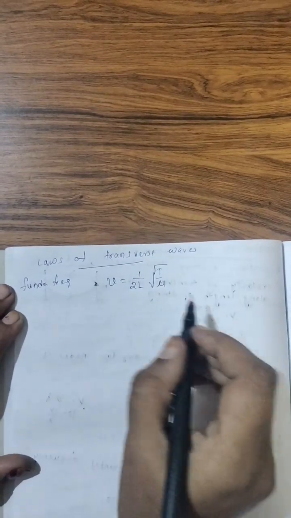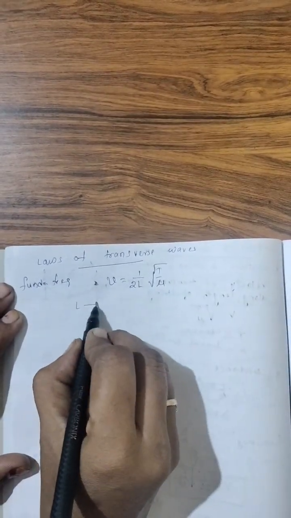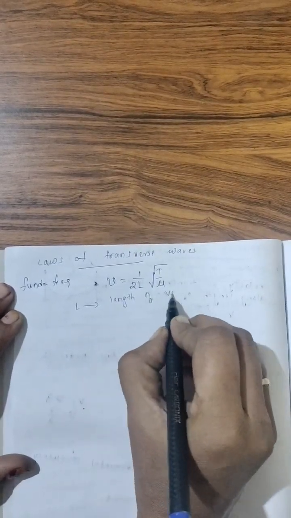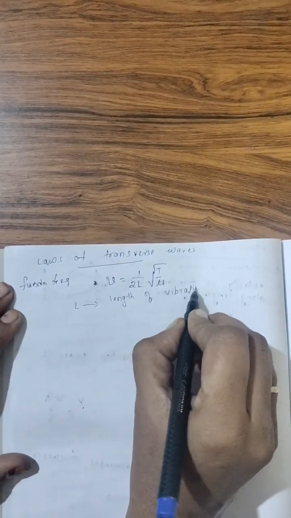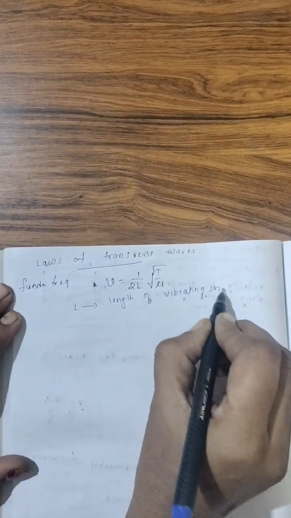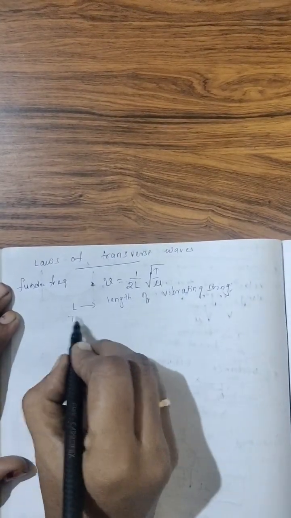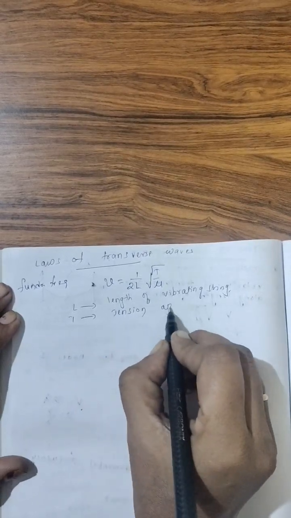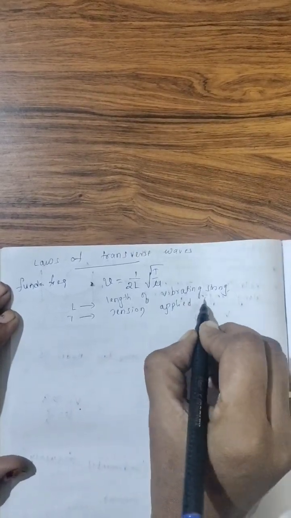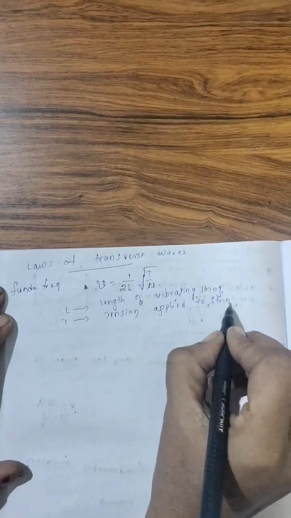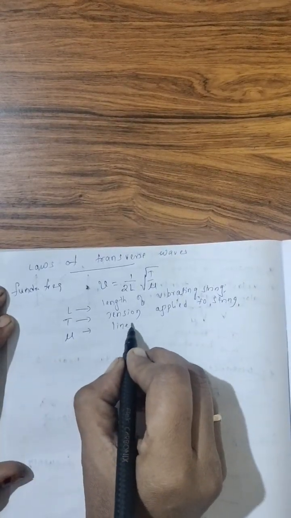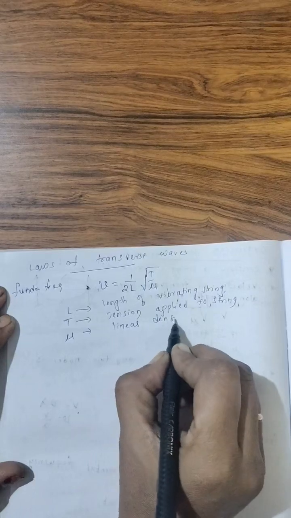The second thing you have to know: L means the length of vibrating string. T means tension applied to the string. Mu means linear density of the string.